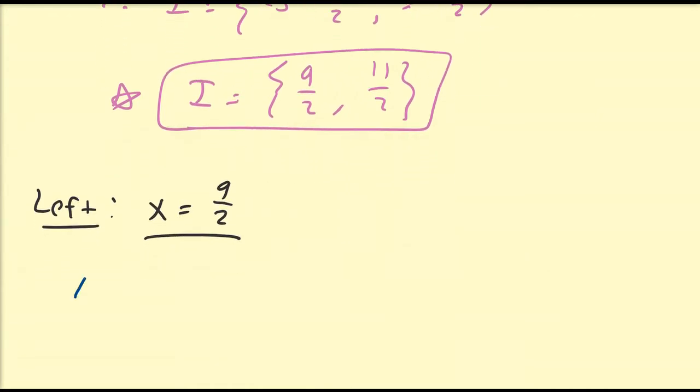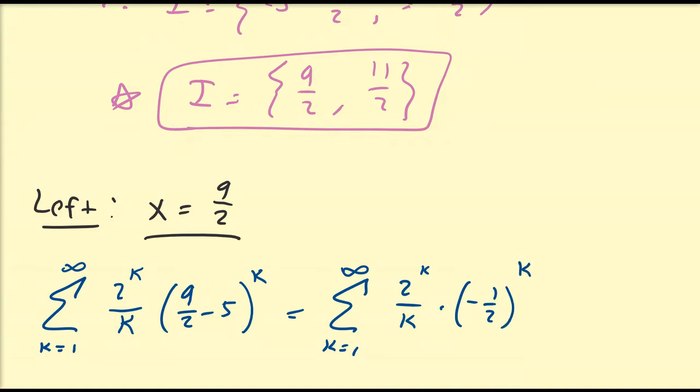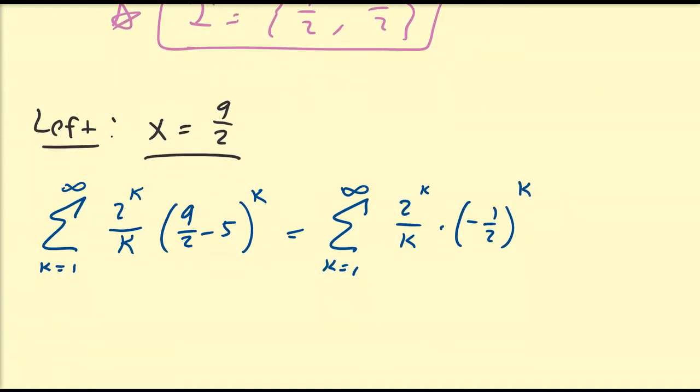If that is the case, our series is the sum from k equals 1 to infinity of 2 to the k all over k times (9 halves minus 5) to the power of k. That's going to be equal to the sum from k equals 1 to infinity of 2 to the k over k times, so 9 halves minus 5, that's going to be -1/2, to the power k. So this is going to be an alternating series, so I'm going to write it in that form.